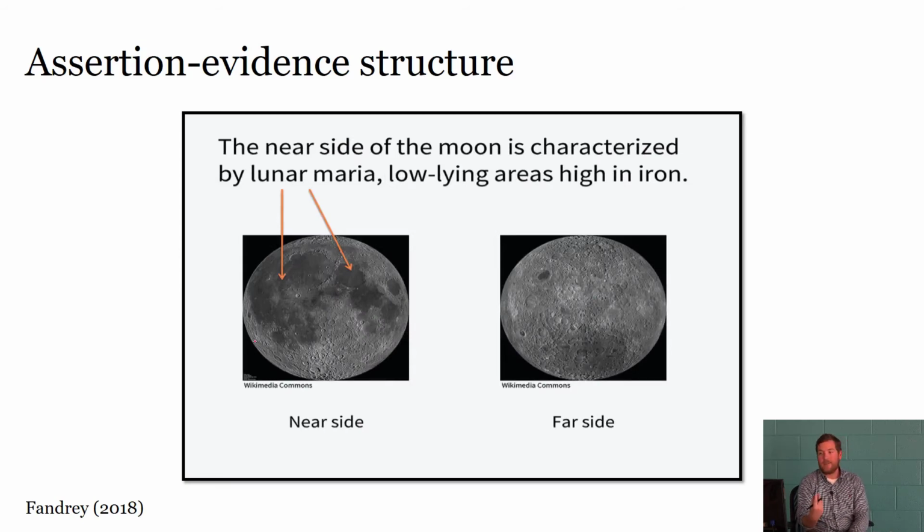Now that I see on the other side those dark spots are not there, that makes me appreciate what I'm seeing a little bit more, right? So counterexamples are very helpful as well. Don't necessarily feel like you need to limit yourself to just having one graphic with this assertion evidence structure, especially if there's an opportunity to provide some contrast or counterexample.